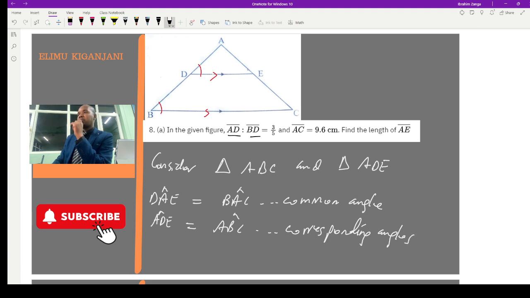But also this angle here, the fact that these 2 lines are parallel, so this angle and the other angle are going to be equal. So angle AED will be equal to angle ACB, and the reason, again, these are corresponding angles.